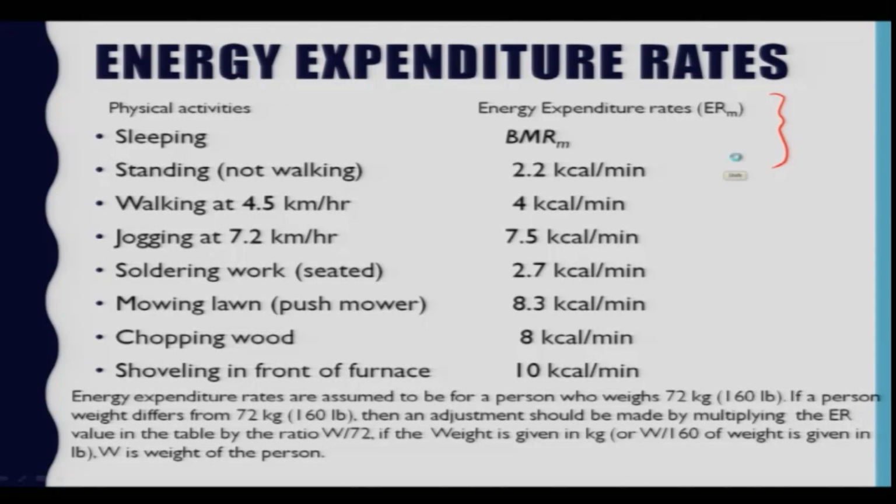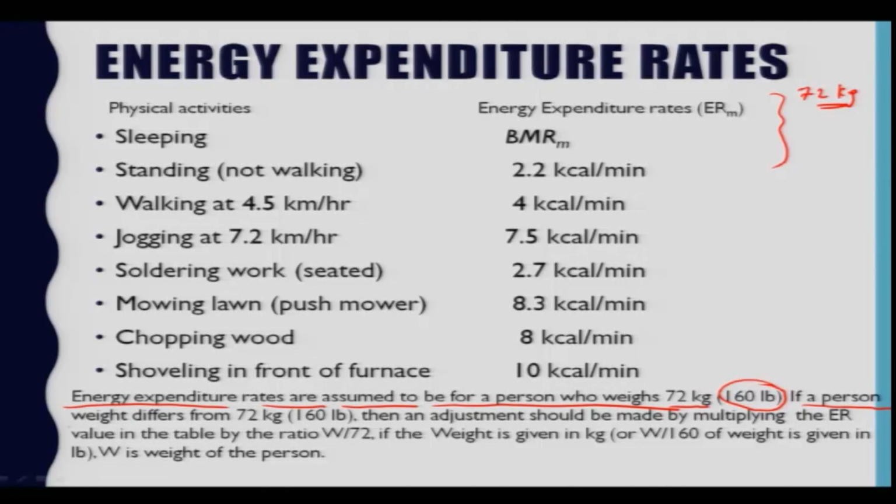Here you can see the energy expenditure rate for certain physical activities. These energy expenditure rates are assumed to be for a person who weighs 72 kg or 160 pounds.